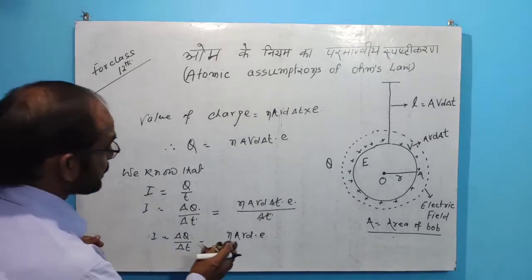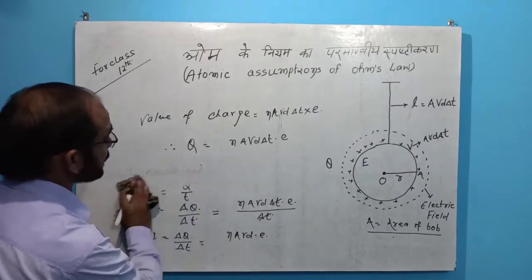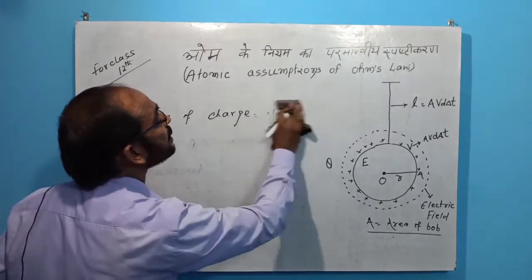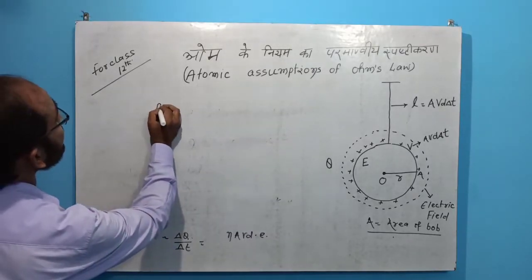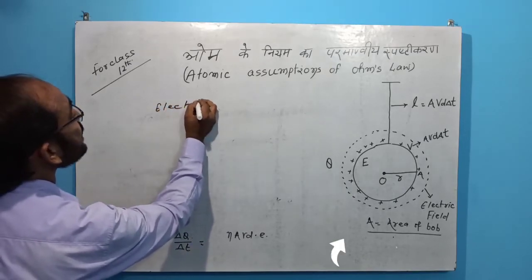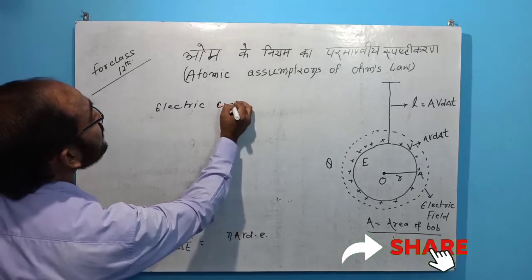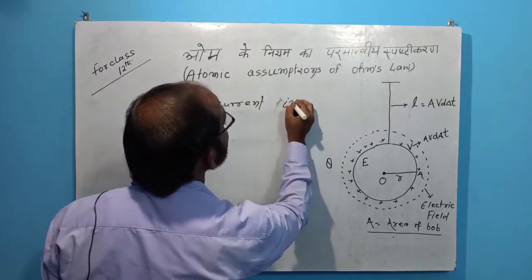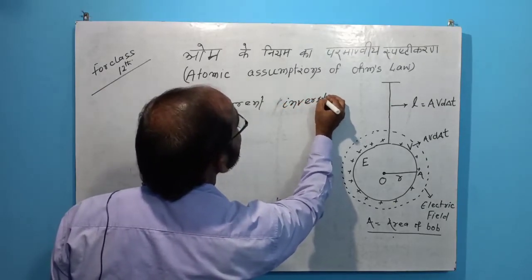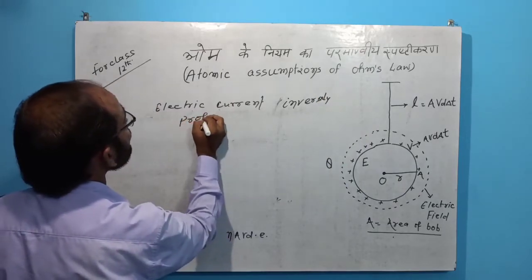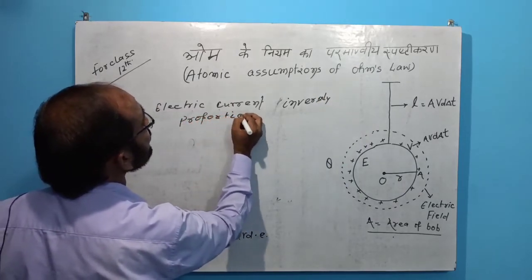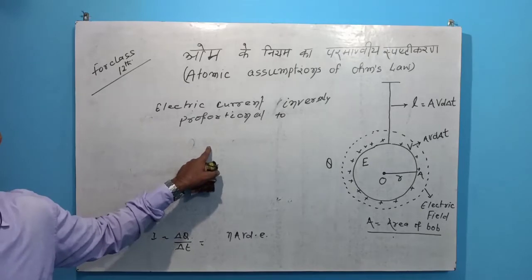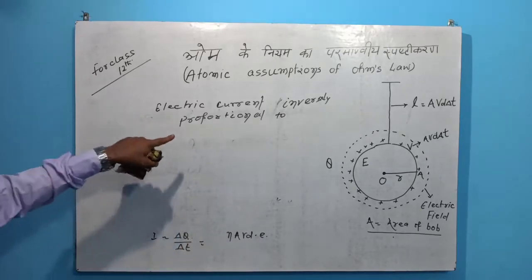It means here I write this relation as: electric current is inversely proportional to the escape velocity.